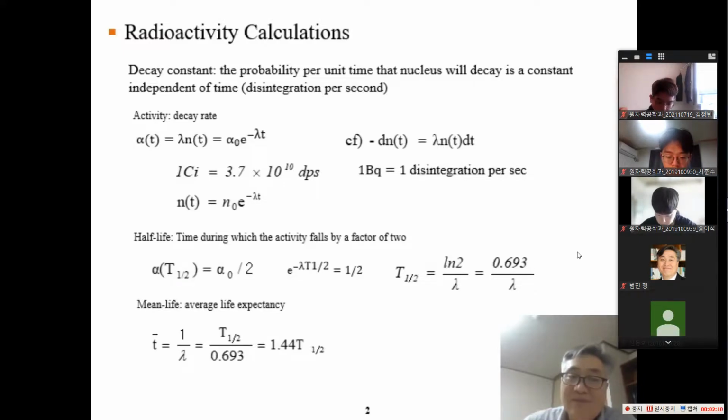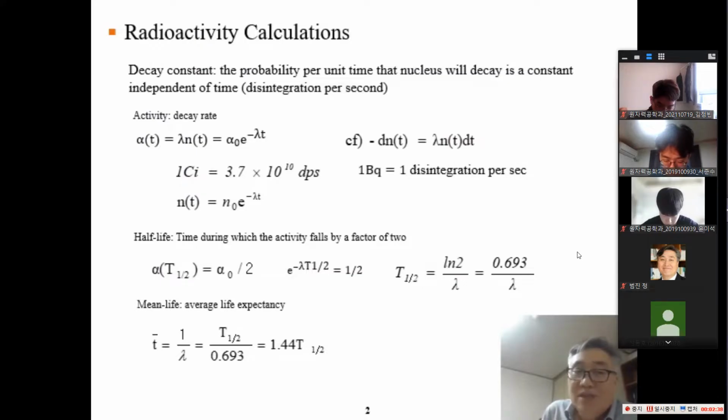So we define that as alpha, the activity. Activity means decay constant times number density. So that means initially we have Nt number of elements, and among them lambda N undergoes decay.